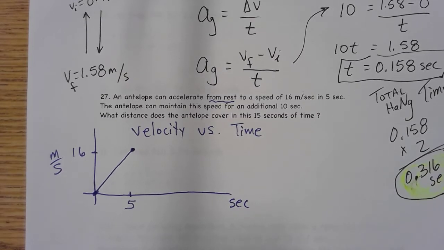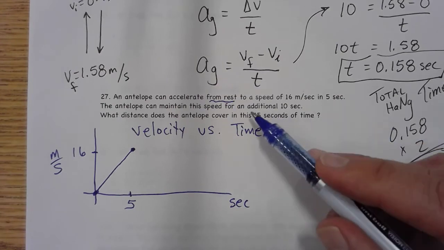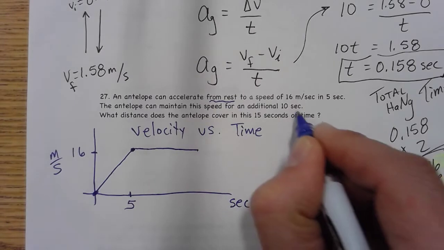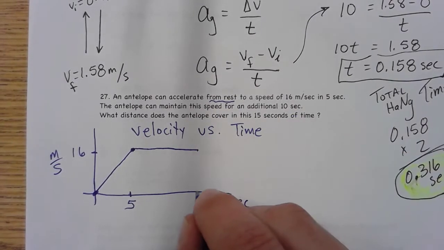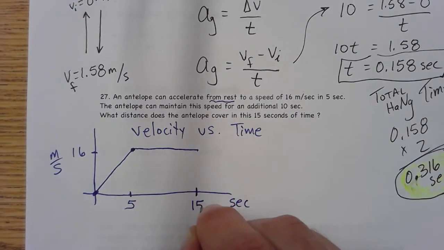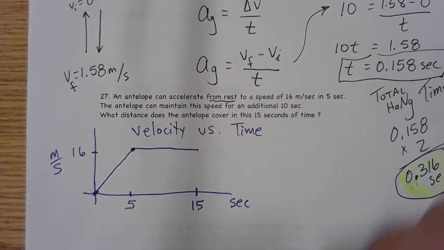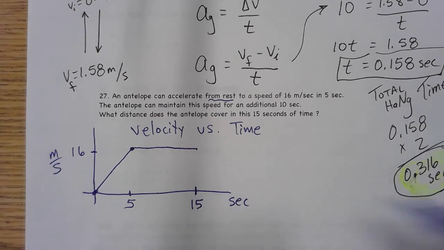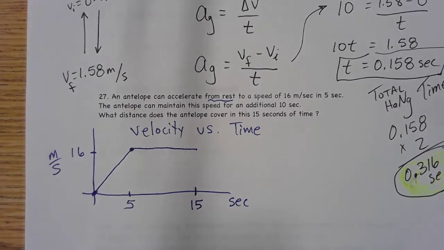So it takes them 5 seconds to get up to that speed, and then they maintain it. They hold that speed for 10 seconds, which is a total of 15 seconds. So just be careful. There's a 10-second interval, but a total of 15. So there's the little graph.